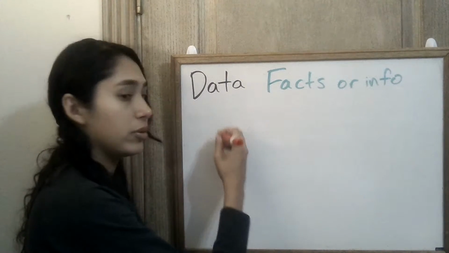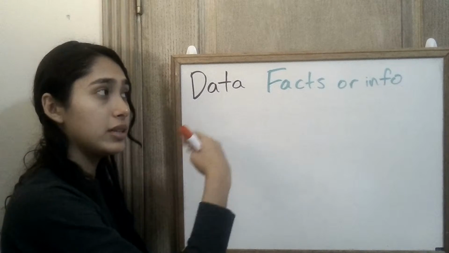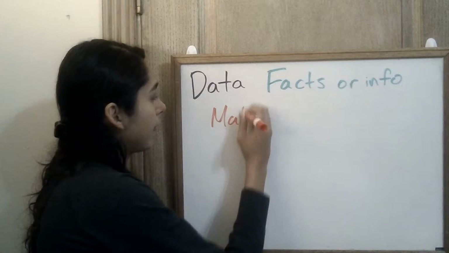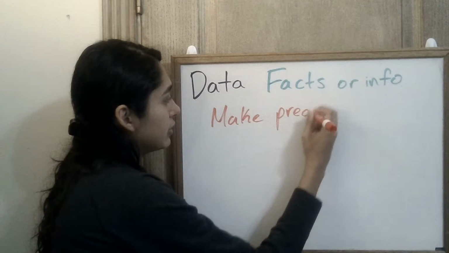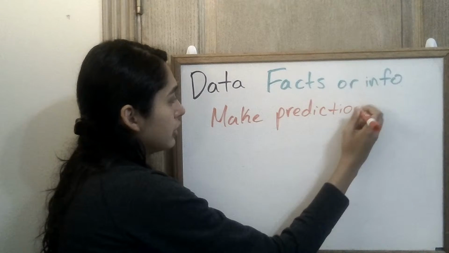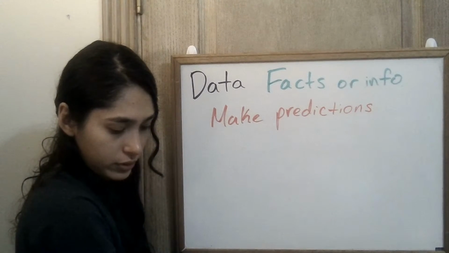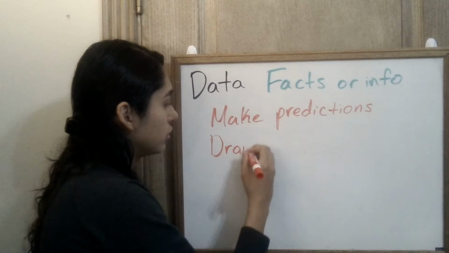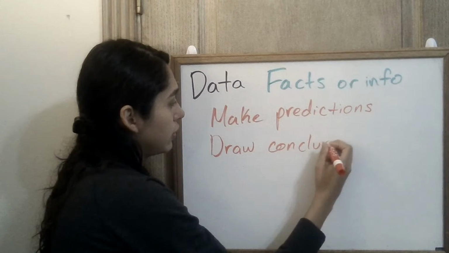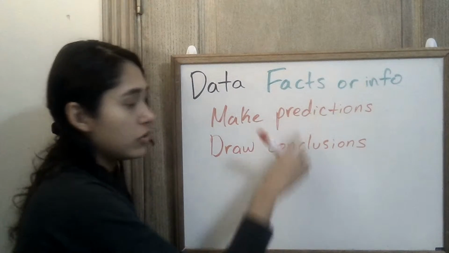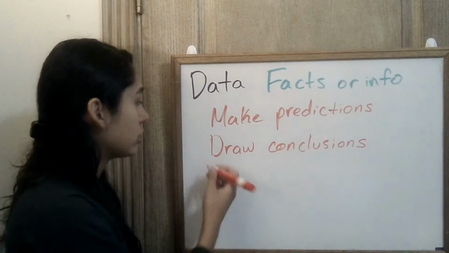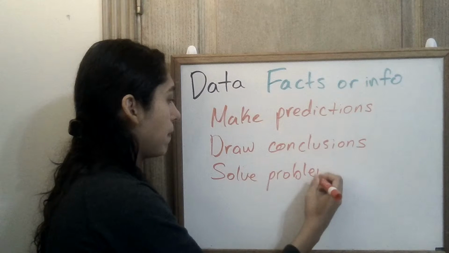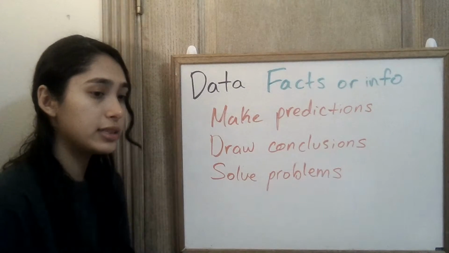So the whole point, or the thing that gives you the ability to wield this knowledge, is by making predictions or drawing conclusions. These might go hand in hand, or you can solve problems by anticipating information.